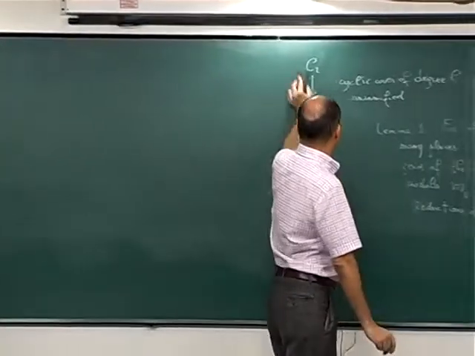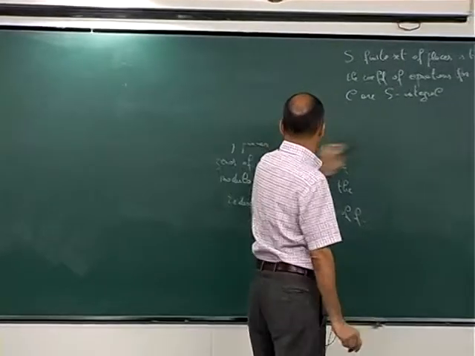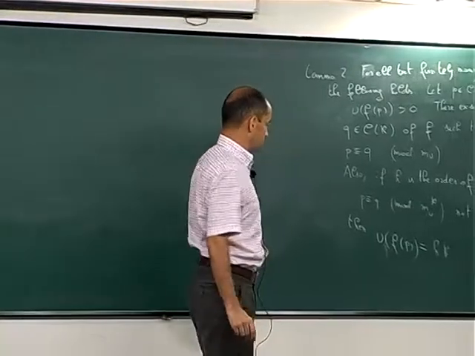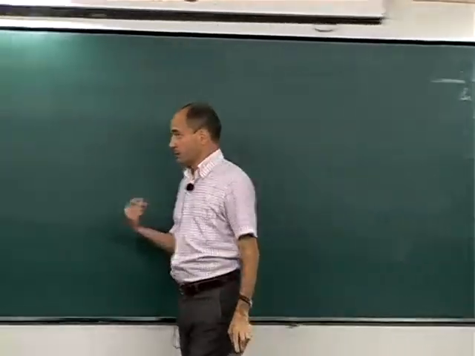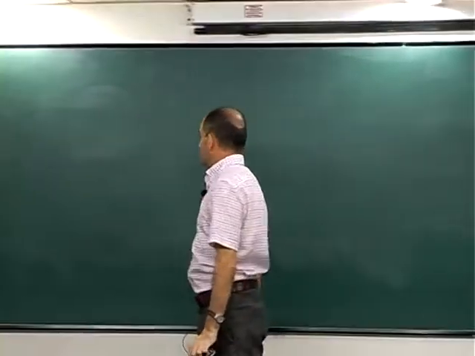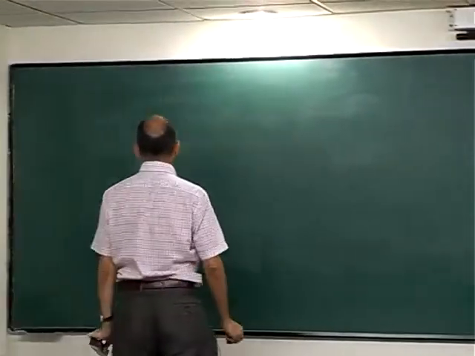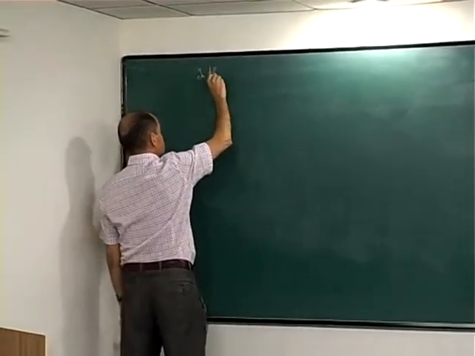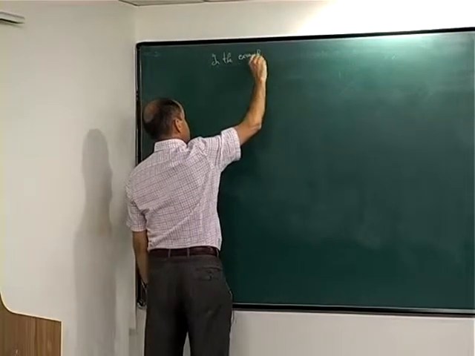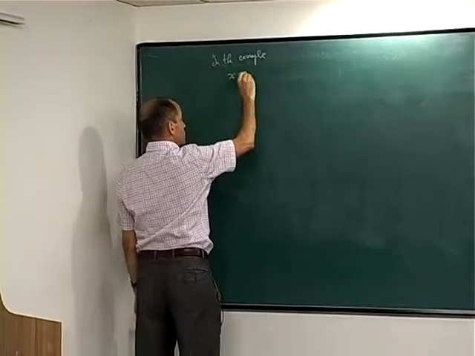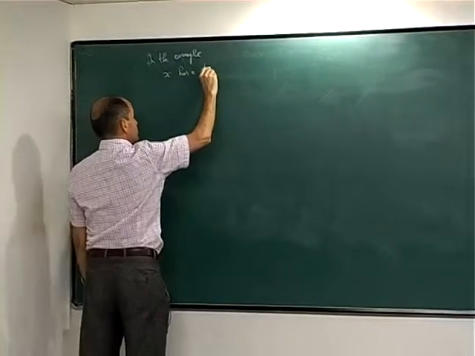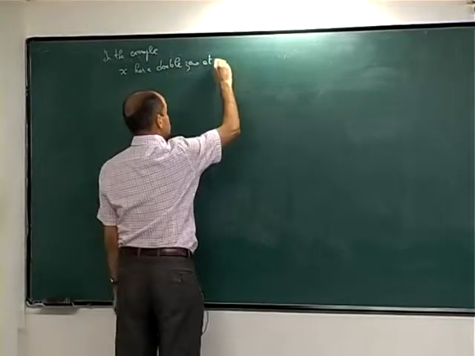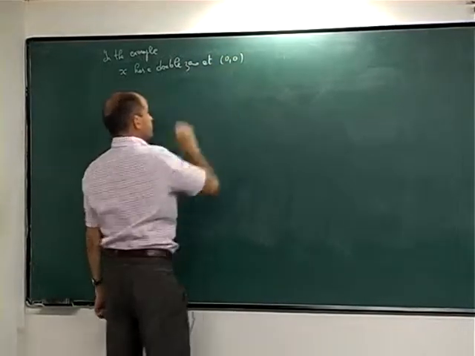This is the key lemma. This is what we used in the example of the elliptic curves, when we remarked that in the example small x has a double zero at 0, 0.